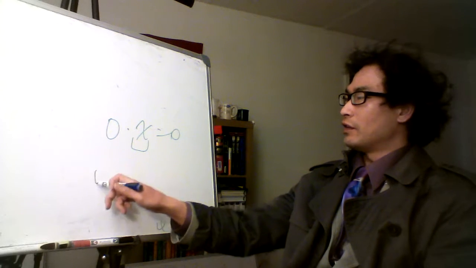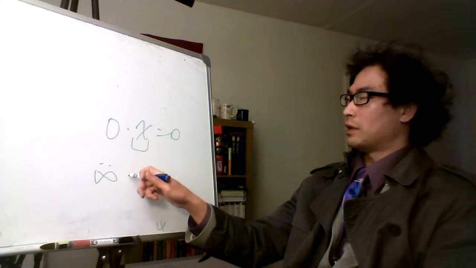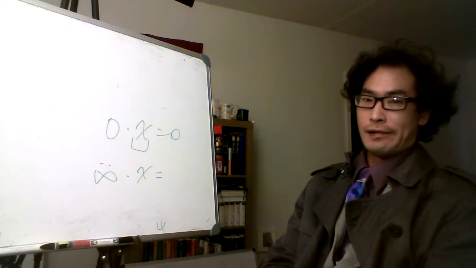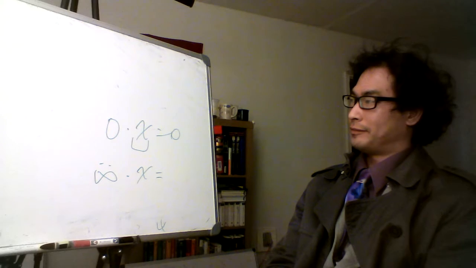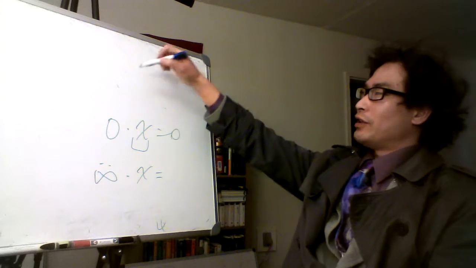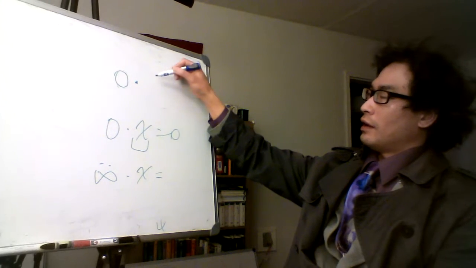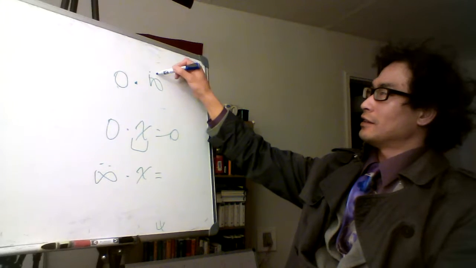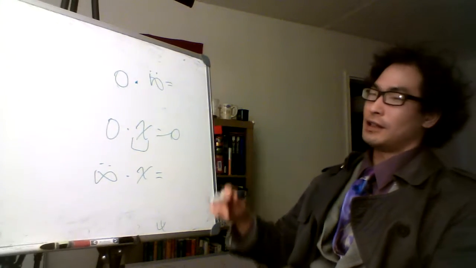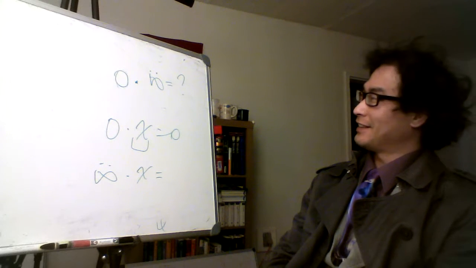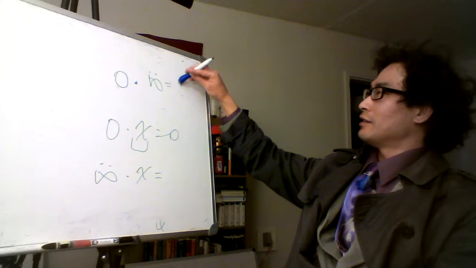Now how about the infinity constant multiplied by x? What if we multiply true zero and the infinity constant? What would that be? Big question mark. Well, it's too easy, right?